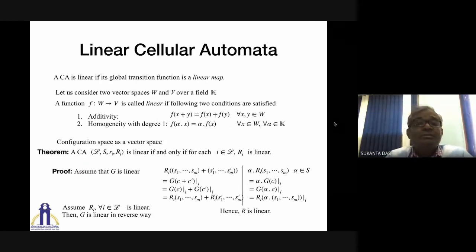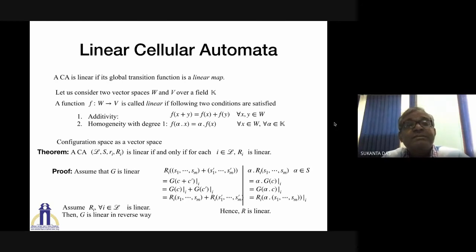Next, we shall talk about linear cellular automata. Here, linear cellular automata means linear non-uniform cellular automata, right? We have also covered this linearity while talking about finite cellular automata.